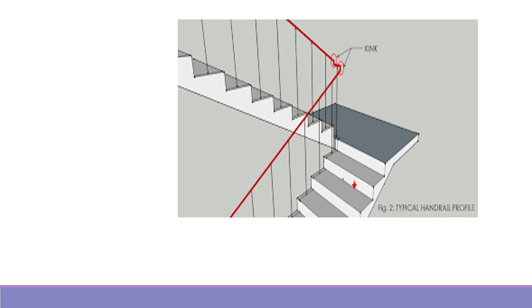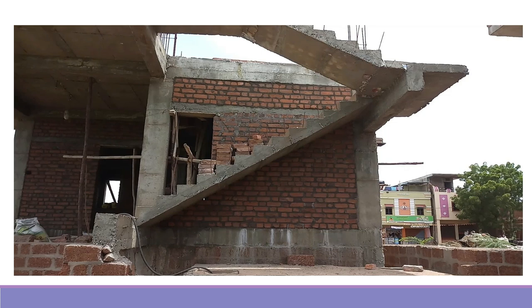As we know, this is the rise and the component is known as riser, and this is the tread wherein we put the footsteps. This is an actual view of the side of a staircase where we will see there are two beams.